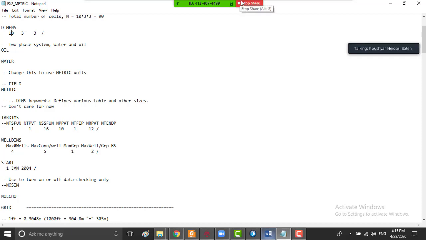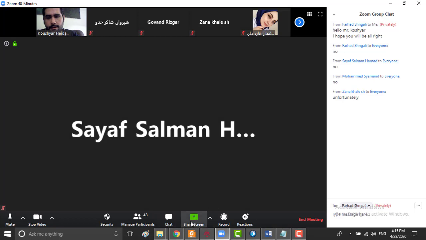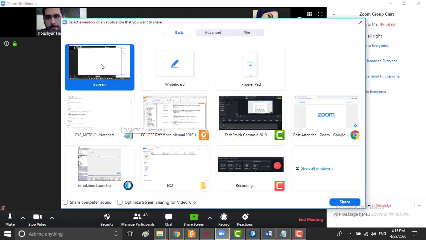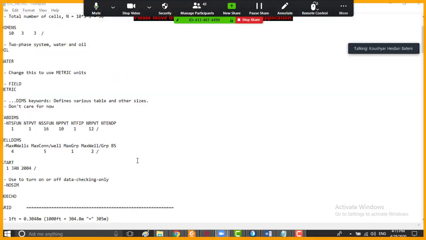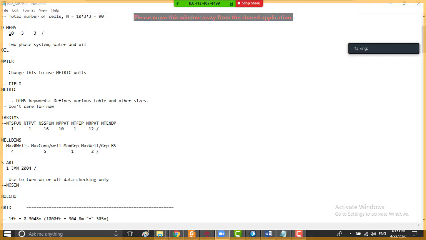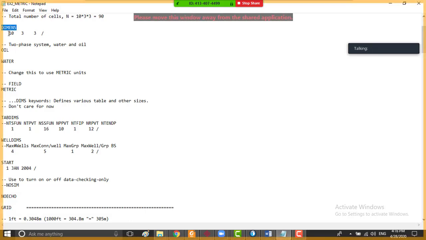Let me share the data file screen with you. Do you see this? Yes, sir. Very well. So after writing the keyword diamonds, Eclipse waits for 3 pieces of data.